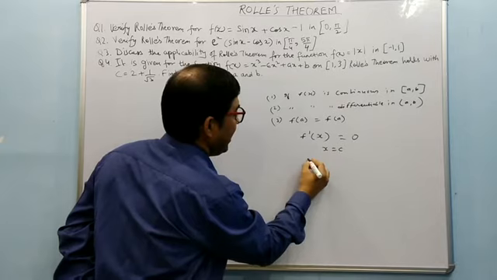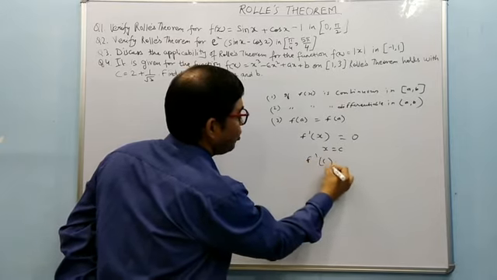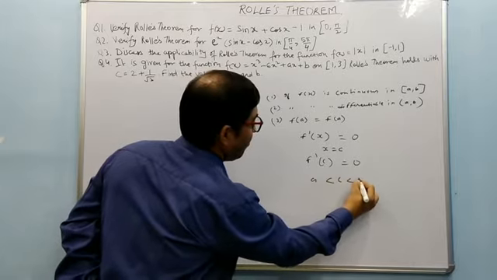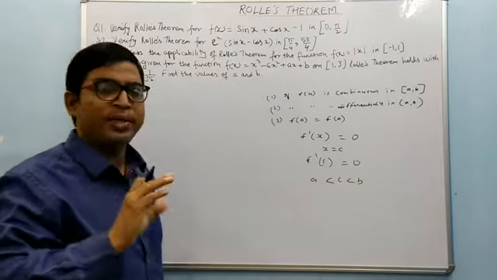So we can say f dash c is equal to 0 and c should be between a and b. Then Rolle's theorem is completely verified.